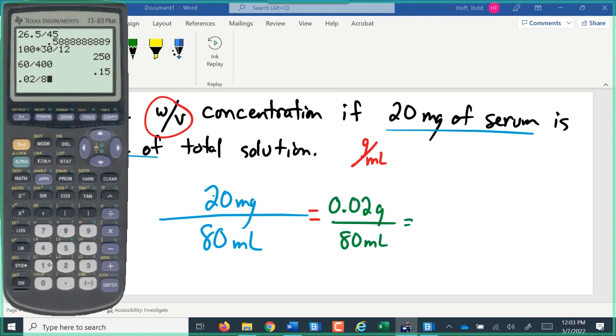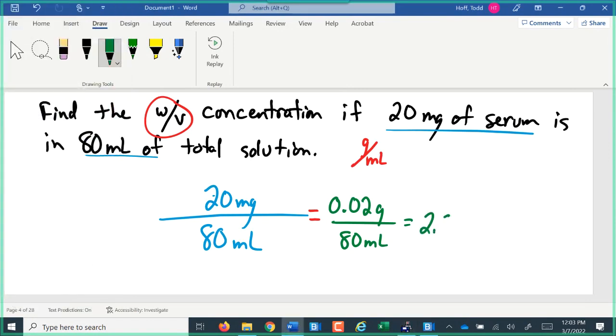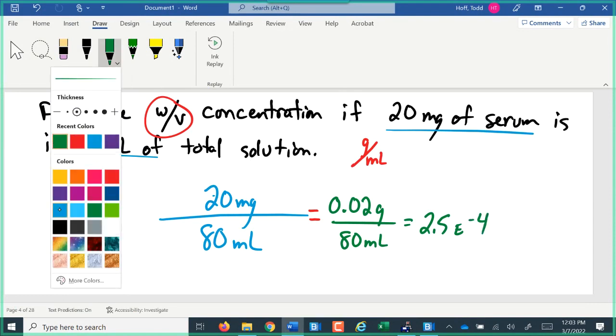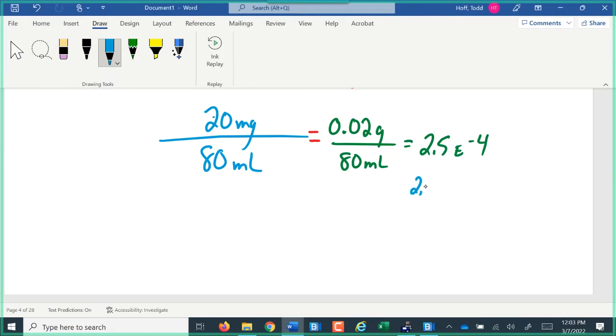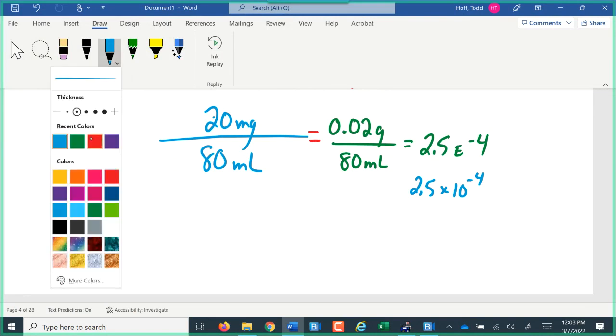0.02 divided by 80 gives us, now if your calculator does this to you, I'm glad this came out like this, it's 2.5 e negative 4. What the calculator is doing is putting your number into scientific notation. This is saying 2.5 times 10 to the negative 4th. This is one of the reasons why we took the time to go over scientific notation in the last year. Because some of our very low concentration calculations will come out like this.